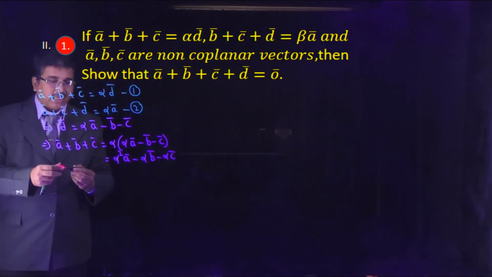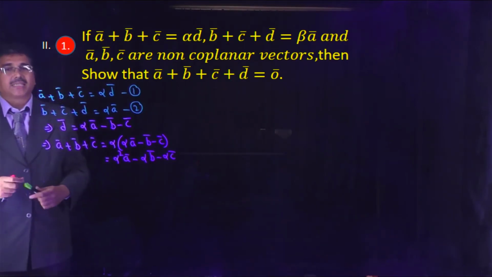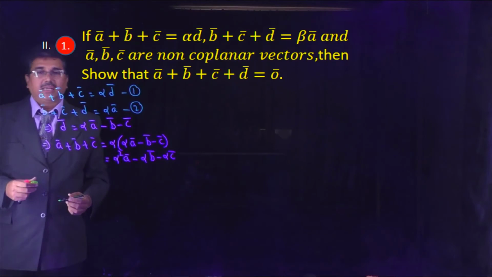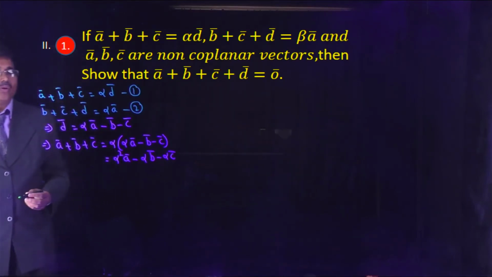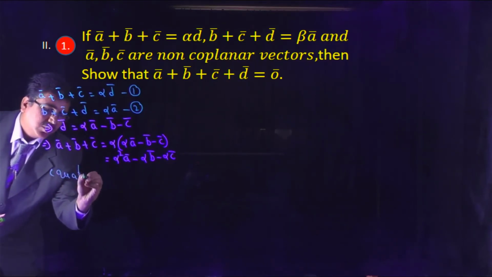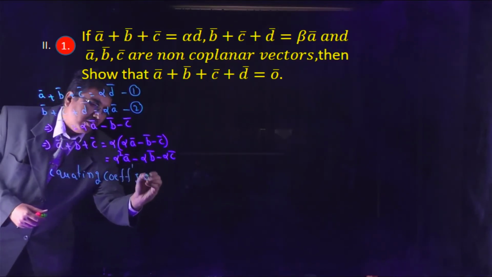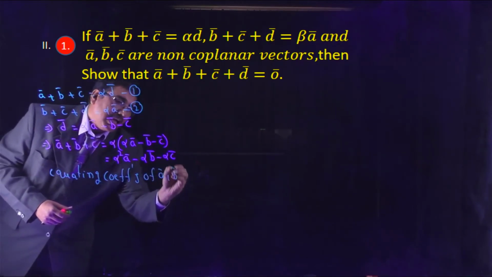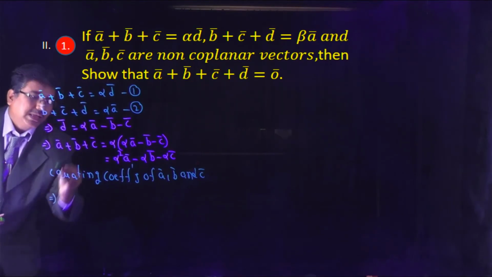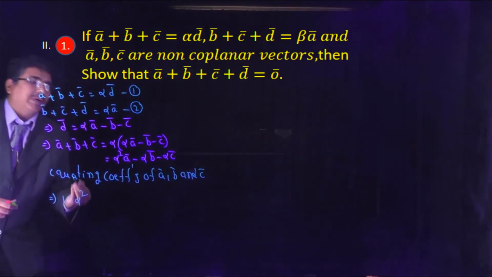Now equating coefficients of a bar, b bar and c bar, since a bar, b bar, c bar are non-coplanar vectors. That implies the coefficient of a bar, 1, is equal to alpha square.